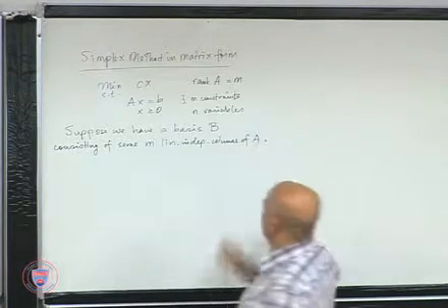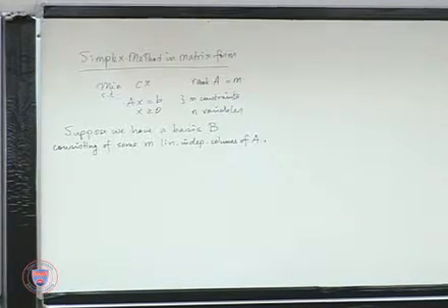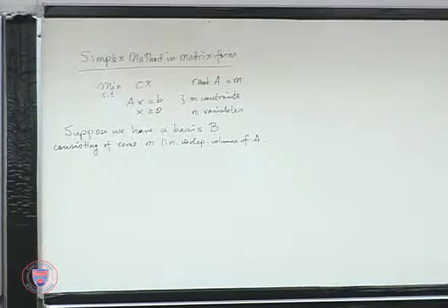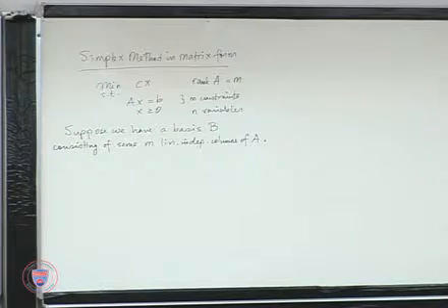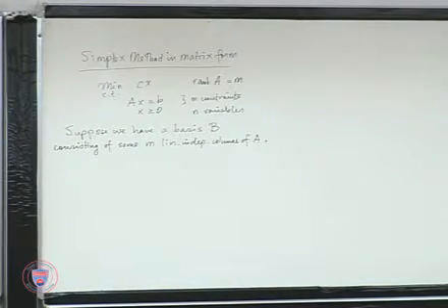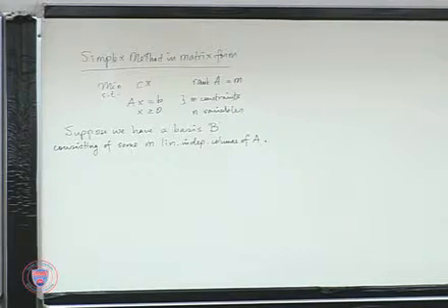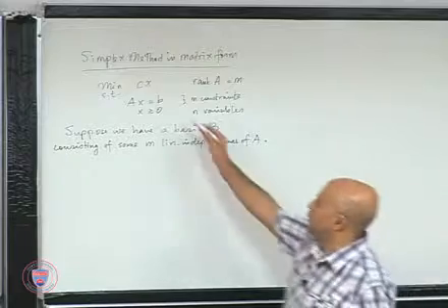So I'm going to assume that we have a basis B consisting of some M linearly independent columns of A. There is a theorem which told you that taking N active constraints that are linearly independent will tell you that N minus M of them will have to come from the non-negativity part, because M of them come from here.